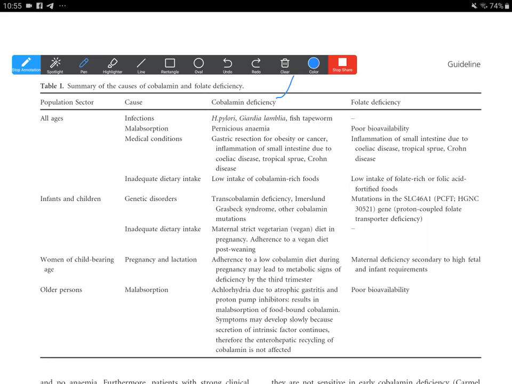These would be those conditions that would affect the absorption of cobalamin. So infections like H. pylori, Giardia lamblia, and fish tapeworm. So infections of the stomach and of the intestine, where the cobalamin becomes bound, that is in the jejunum.